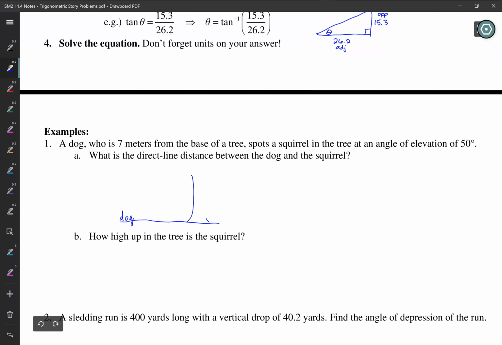And we've got this tree. And somewhere up in the tree, we have a squirrel. Oh, that's a lovely drawing. Yes, okay.